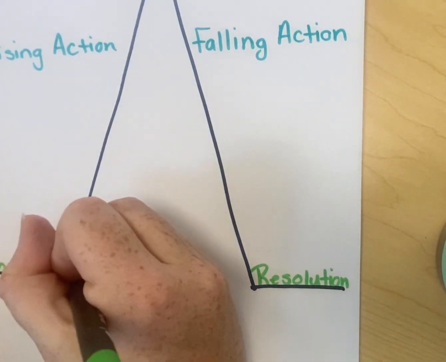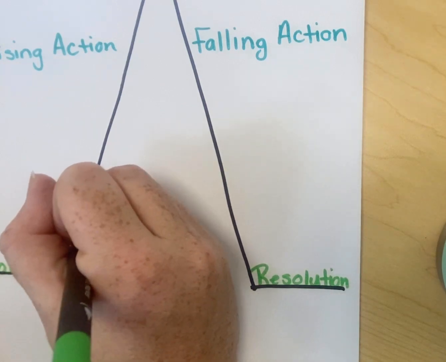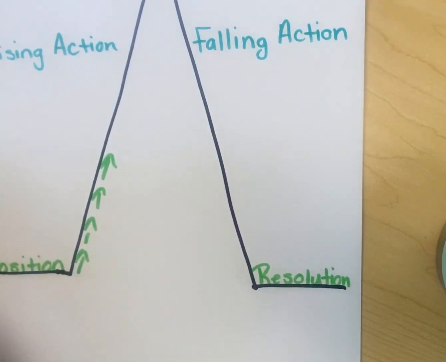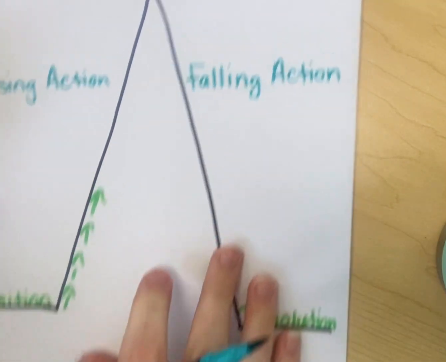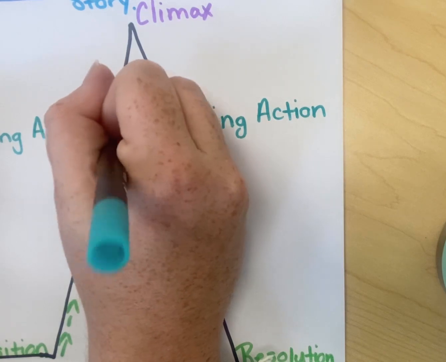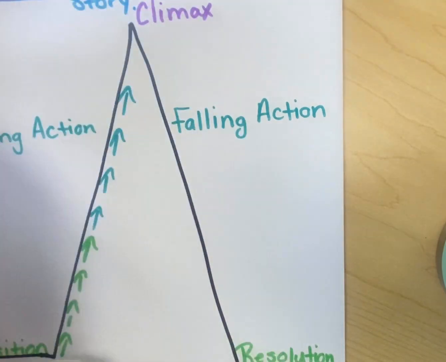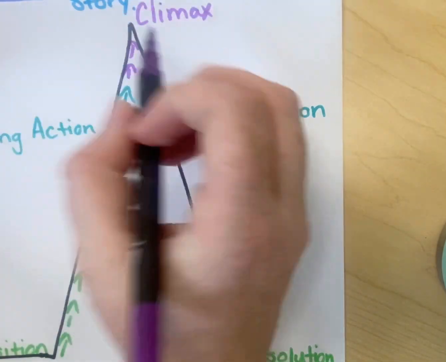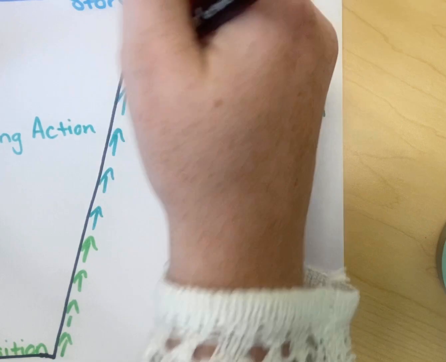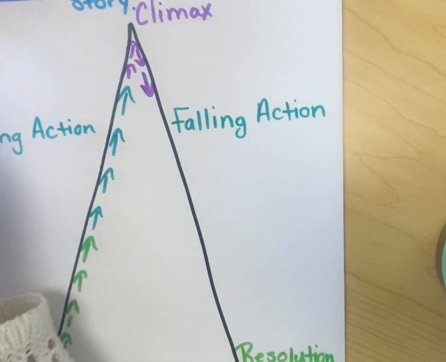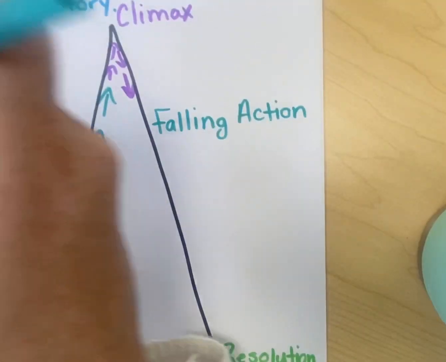And then I like to draw arrows going up because we start with exposition and we go all the way up to rising action. And then we keep going up and up, and then we get to climax. And then once we hit that climax, we go back down, down, down. And then we keep going down until we hit falling action.